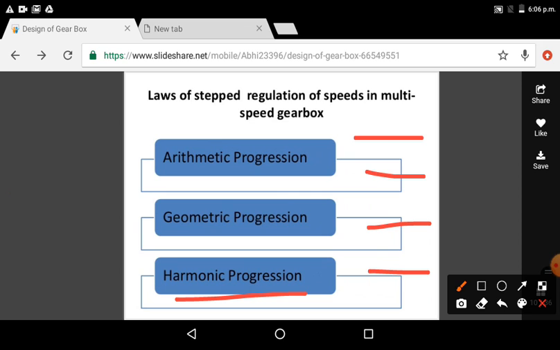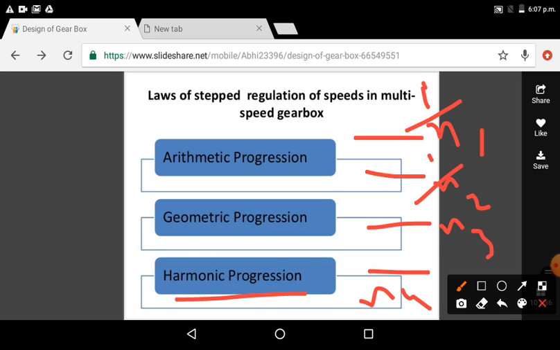If the spindle speed of spindle number 1 is n1, then n2, n3, and n4, so four spindles are available with speeds n1, n2, n3, and n4. Now we take the reciprocal of all: the reciprocal of n1 is 1 upon n1, the reciprocal of n2 is 1 upon n2.